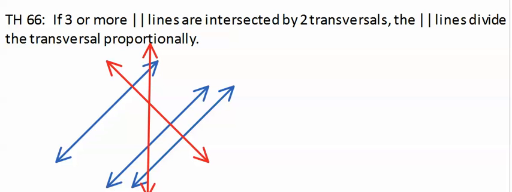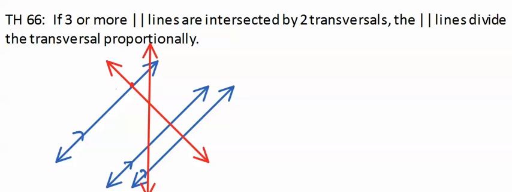Theorem 66 states, if three or more parallel lines are intersected by two transversals, the parallel lines divide the transversal proportionally. So again, let's take a look and say that the blue lines are all parallel to themselves and that the red lines are transversals.